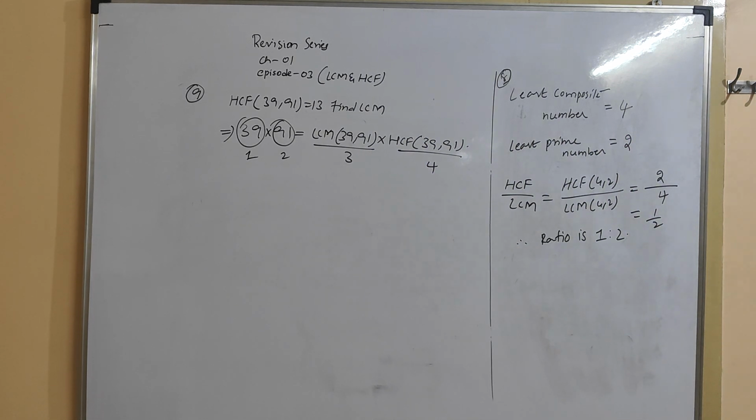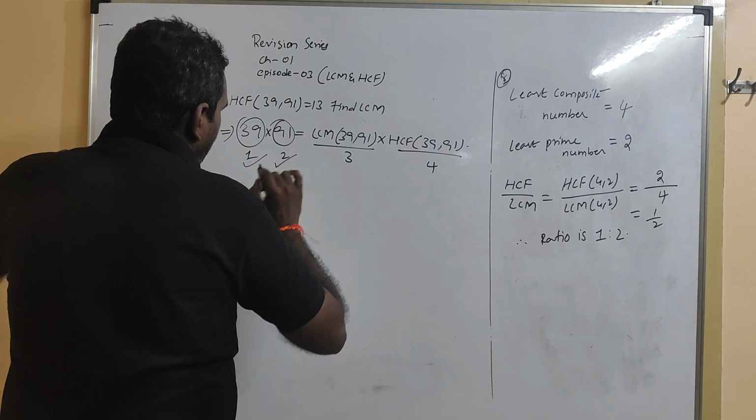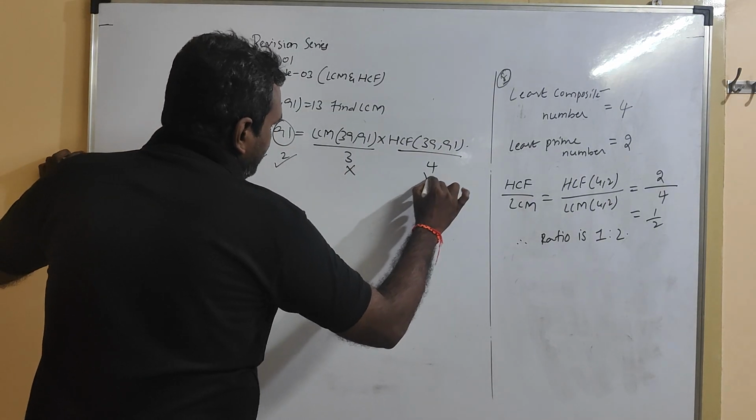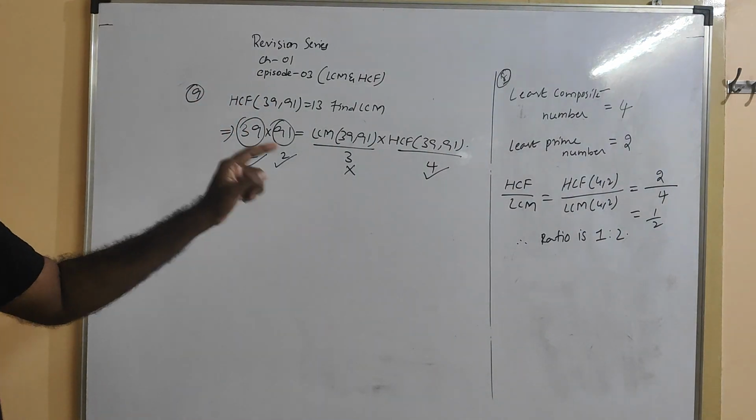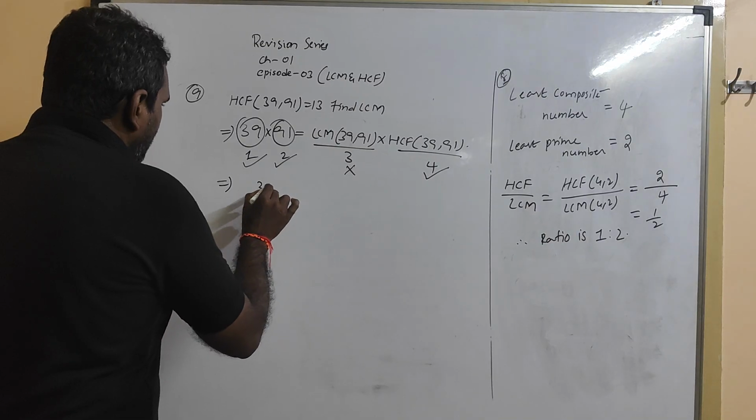But in every question, they will give you three terms and the fourth one you have to find. Here the first is given, the second is given, the third is not given and the fourth is given. So you have to find the third one.